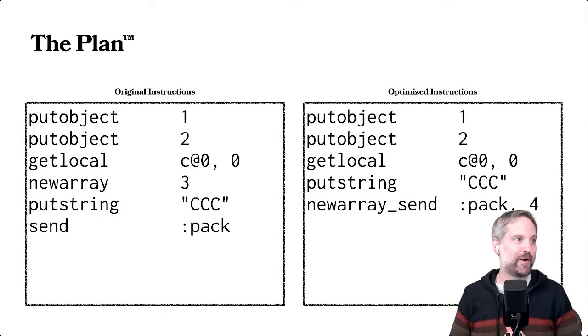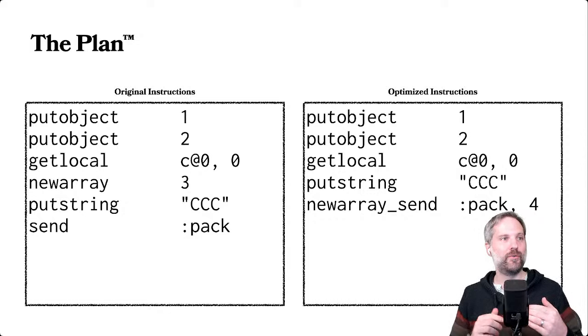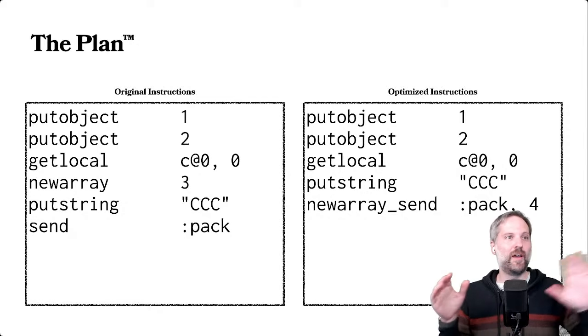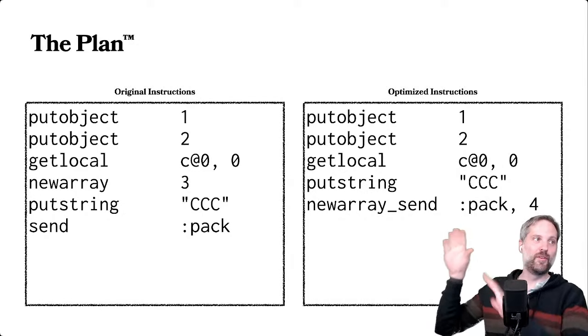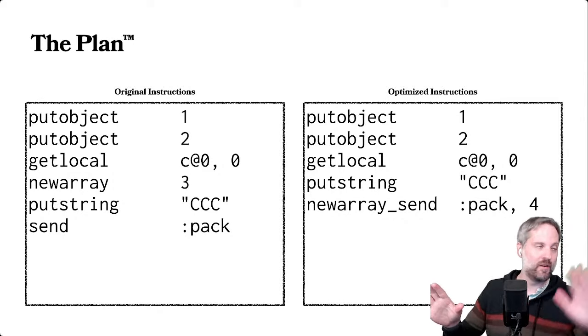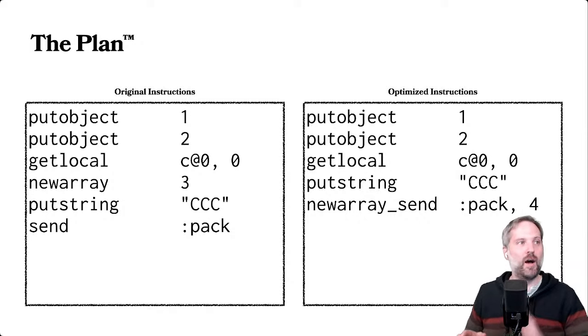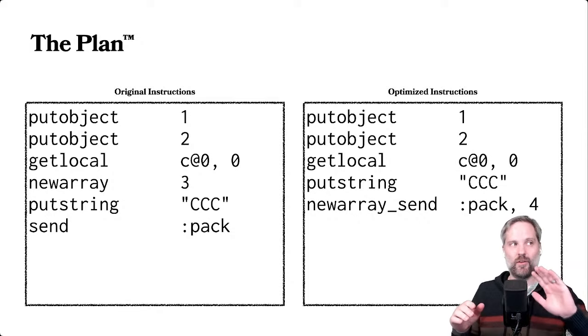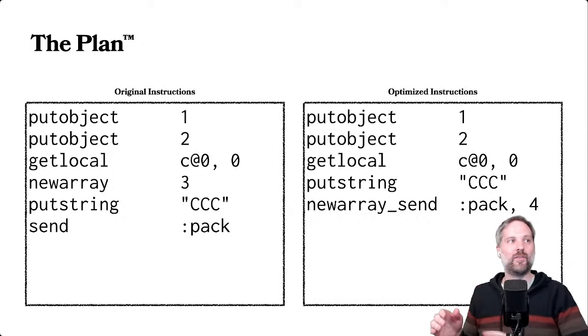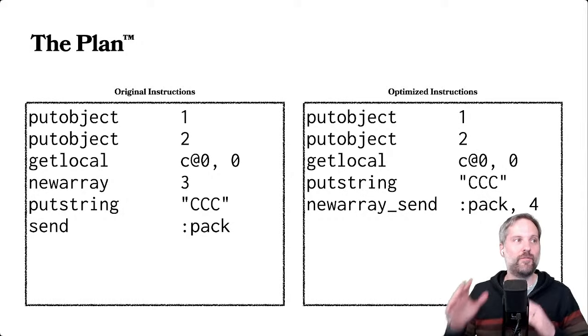My current plan is, on the left side, those are the original instructions where we're pushing objects, creating a new array, and then calling pack. What I want to do for the optimized instructions is new array send pack, and instead of passing 3, we're going to pass 4.